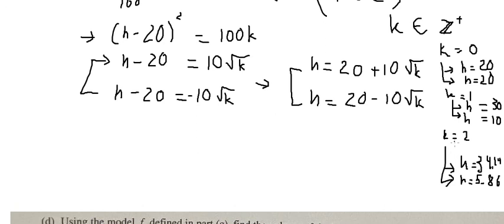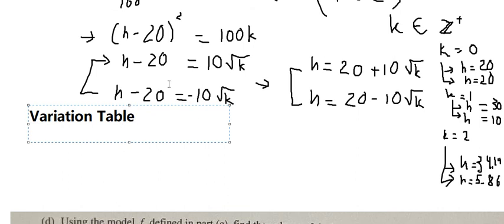So if k equals 3, we don't have any value in here, because the value in here is greater than 20, and the value in here, if we put k equal to 3, you get a negative. And now we can create the variation table.